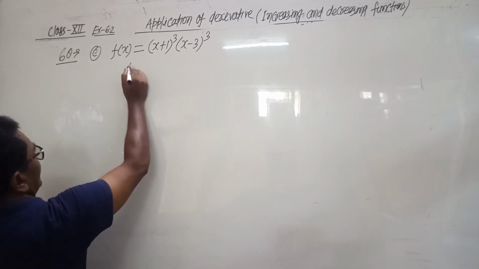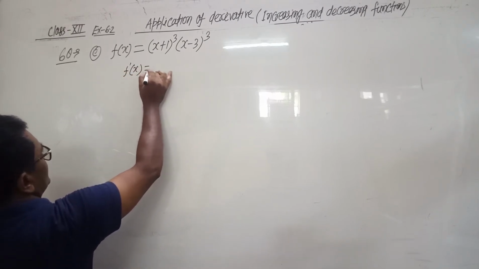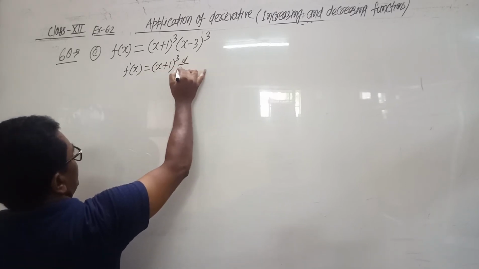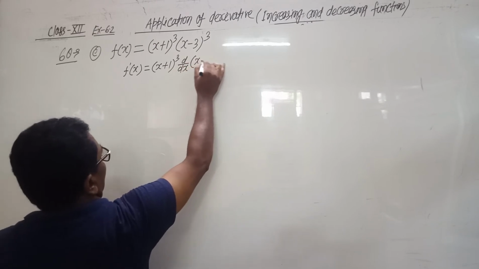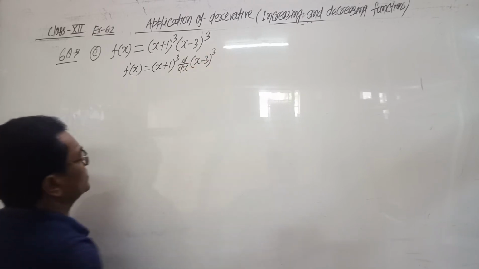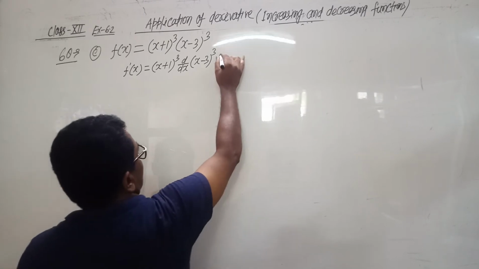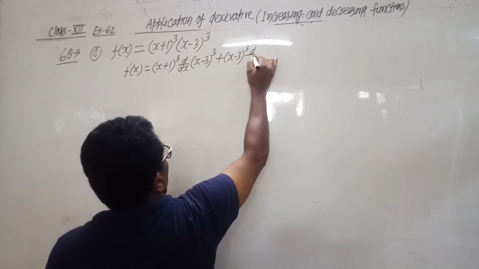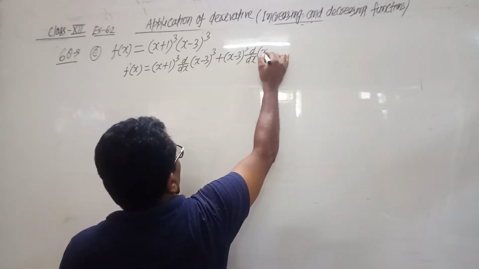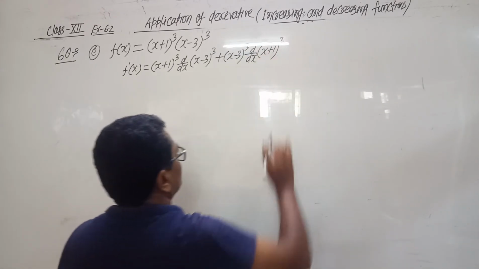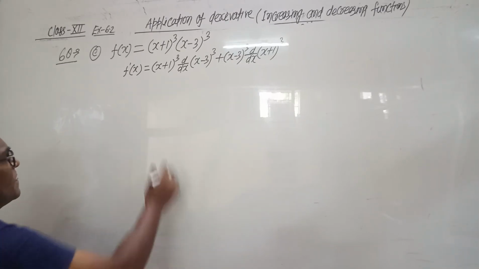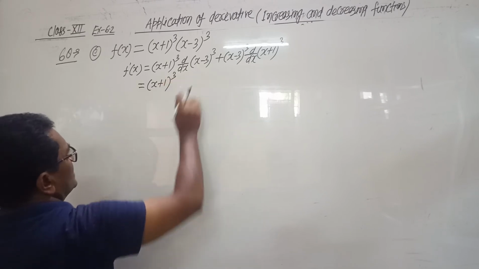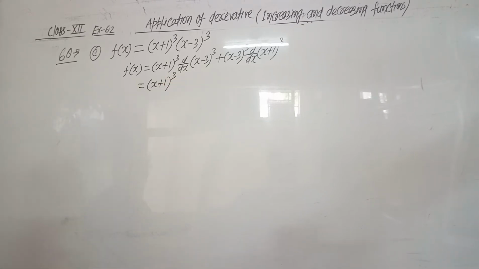So f dash x, u as it is, x plus 1 the whole cube as it is, and d by dx of v, x minus 3 the whole cube, plus v as it is, x minus 3 the whole cube, and d by dx of u, x plus 1 the whole cube.